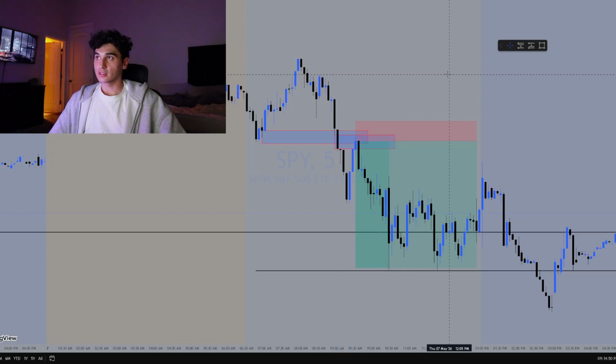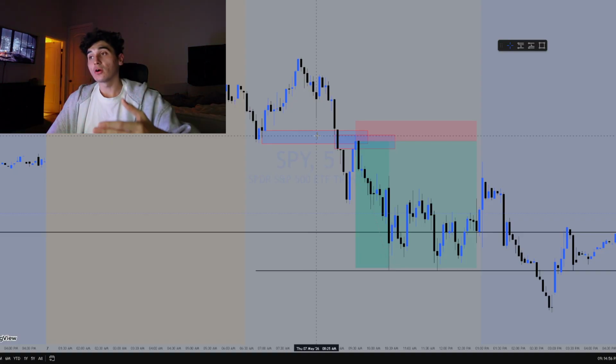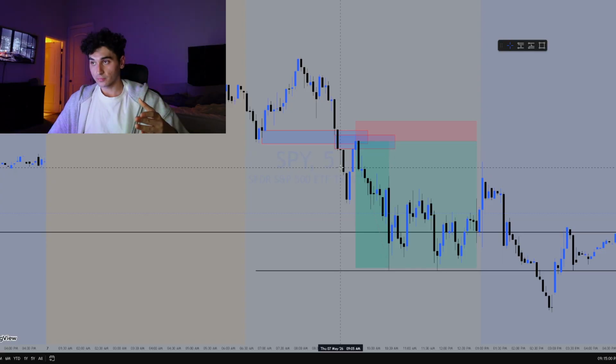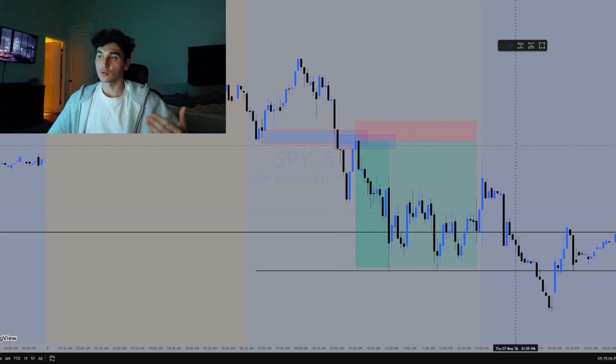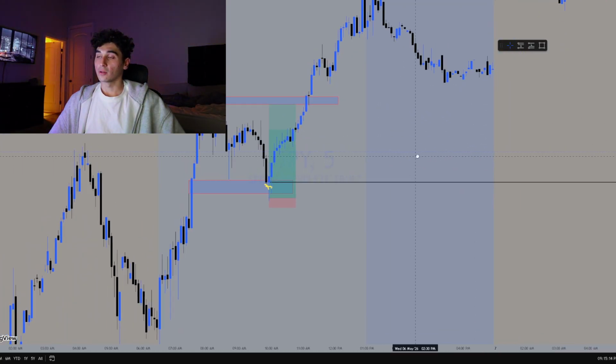It's telling us that this zone here that was supposed to present heavy buying failed to present us with that heavy buying. Therefore, the momentum confirmed to be bearish. So if we were to take some sort of entry, we would want to trade with that bearish momentum. And that's exactly what I did here, and also exactly what I did here.